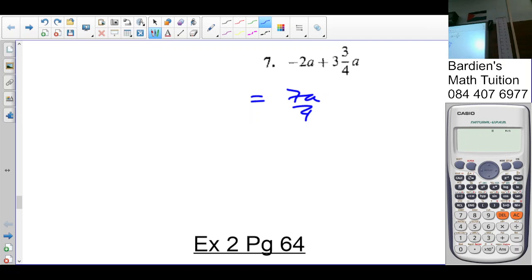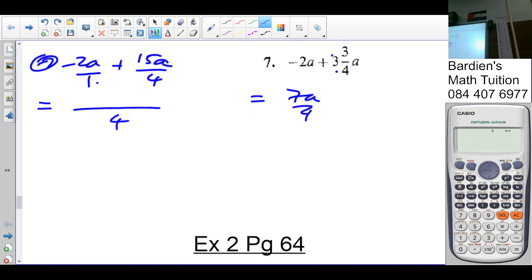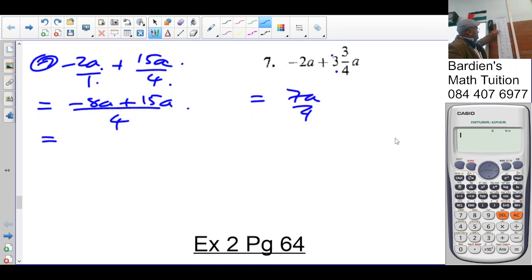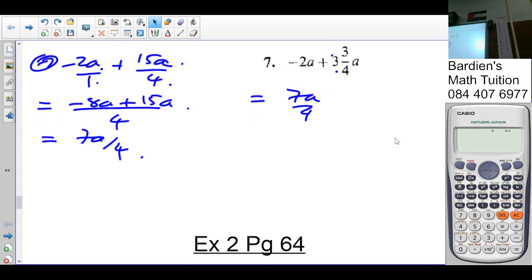So you got negative 2a plus, we change this to improper, 15a over 4. Your LCM is 4. You times by 4, I get negative 8a, times by 1 is 15a. Negative 8 plus 15 is 7a over 4. Well done. Nice.